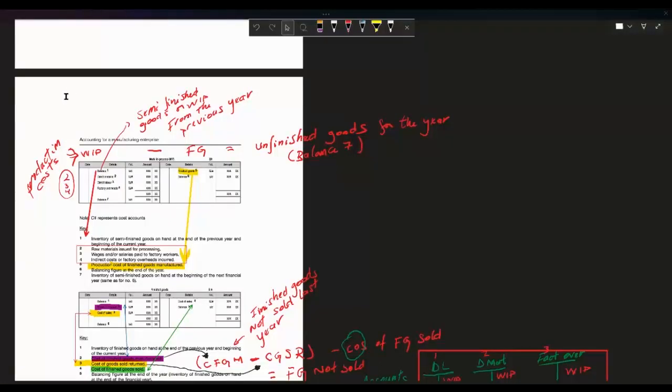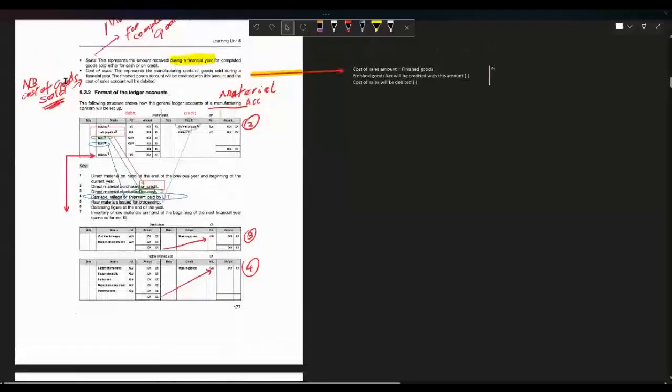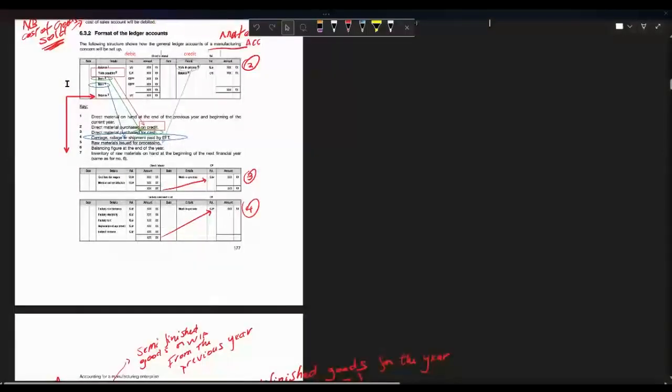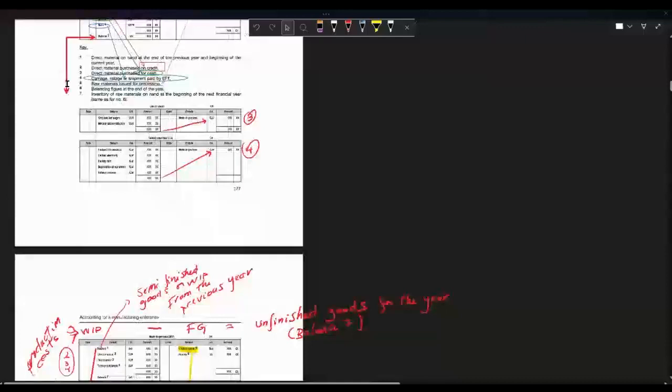So the work in process, obviously, on the left hand side, we will have the opening balance. If there is an opening balance, it needs to be taken into account. But we have these three things, three musketeers, like I call them, which are your direct material, your direct labor, and as well as your factory overhead.